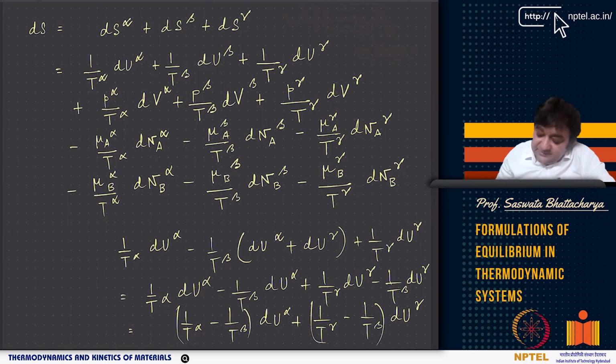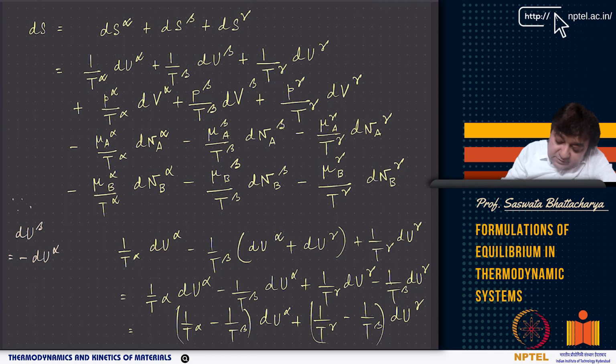That means that since total U is constant, dU equals 0, so dU beta plus dU alpha plus dU gamma is also 0.